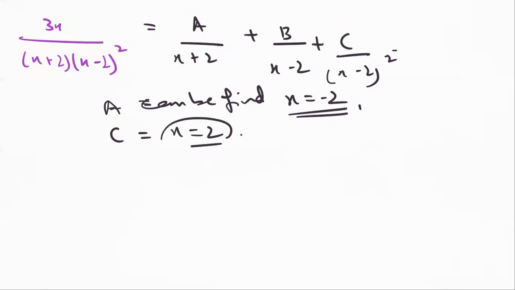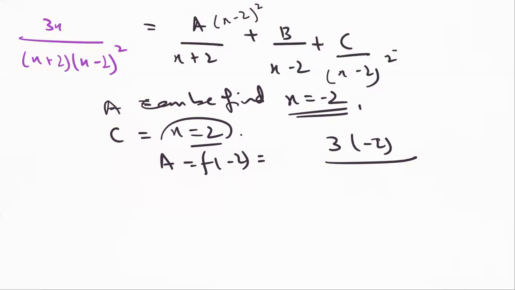So A is equal to f of -2, which is 3 into -2 upon, since when we have multiplied and taken the LCM, A would have been multiplied with (x minus 2) square.